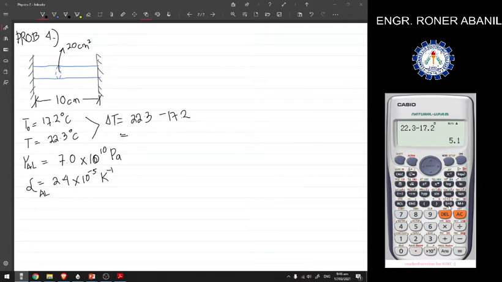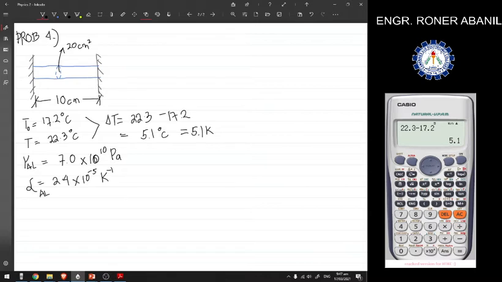So, magiging 5.1 to. Degrees Celsius. Okay. Ayun. So, this is equal rin to 5.1. Sabihin natin, Kelvin.